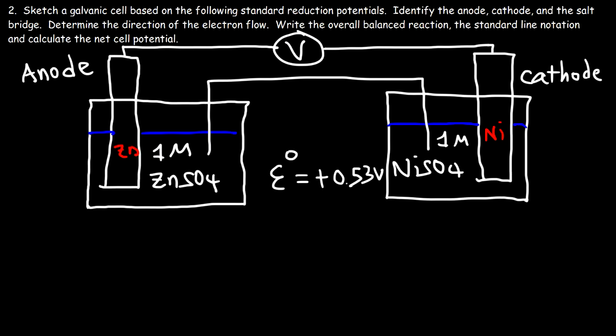Now let's get back to this problem. Now electrons will always flow from the anode to the cathode. So they're flowing in this direction. Now, as zinc gives away electrons, it's going to turn into the zinc 2 plus ion.